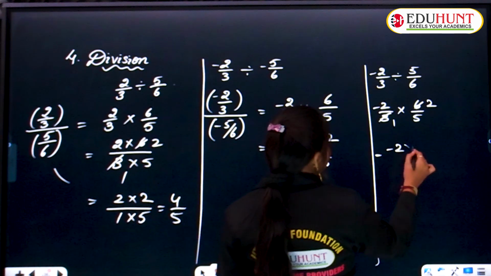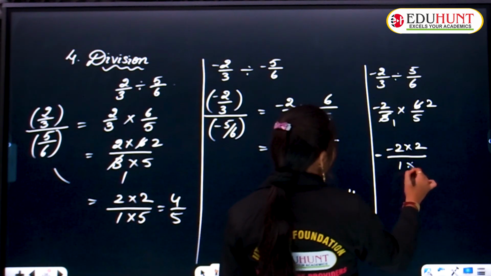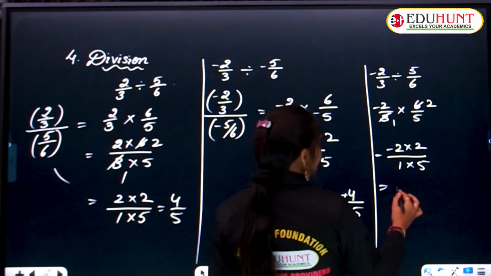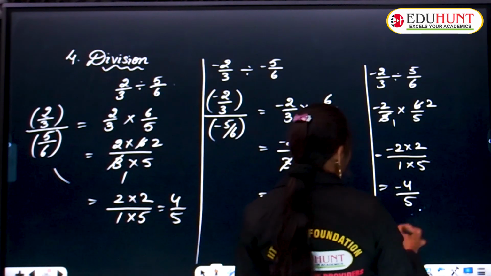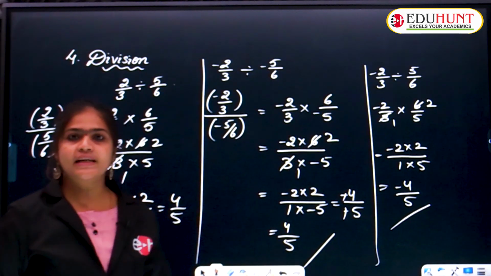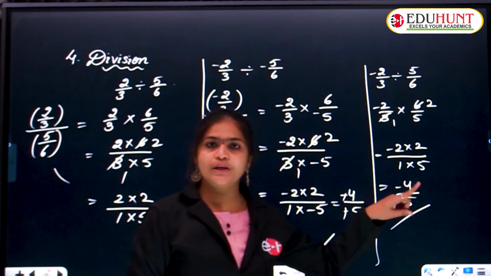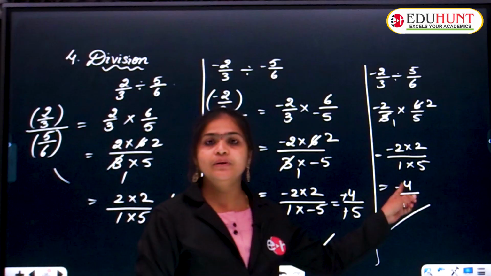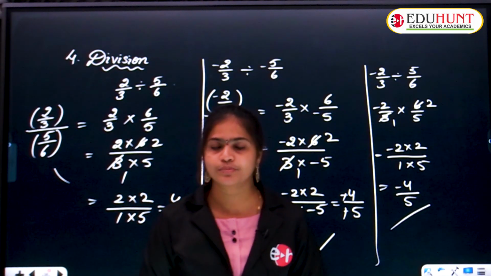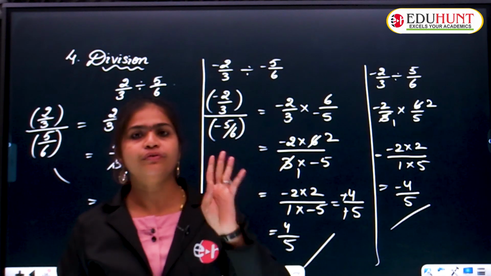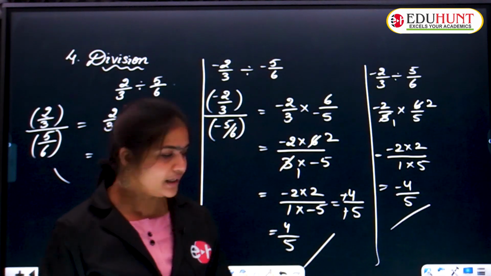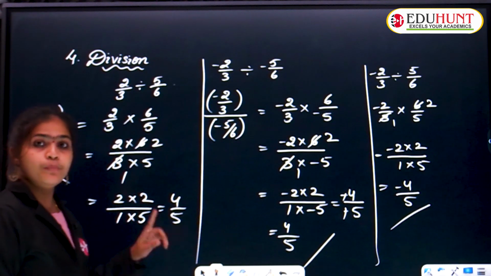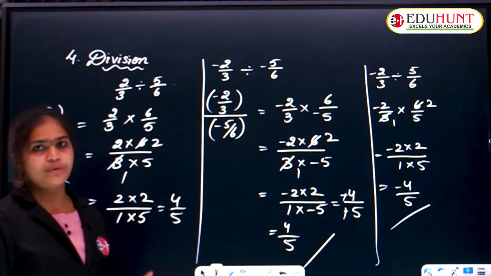Now minus 2 into 2 by 1 into 5. Minus 2 into 2 is minus 4 by 5. Which means we can say that the division of one negative rational number and one positive rational number is again a negative rational number. Understood, ma? So this is about the 4 fundamental operations on rational numbers, both positive and negative.